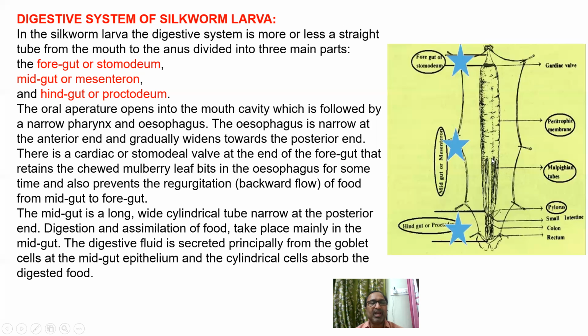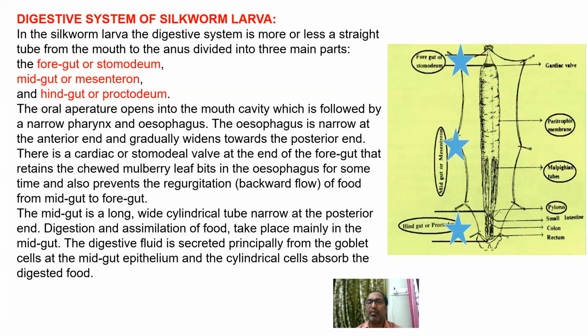So there is a cardiac or stomodial valve. Here you could find the cardiac valve, also called stomodial valve, at the end of the foregut. This is depicted with black color here. It retains the well-chewed mulberry leaf bits in the esophagus for some time.